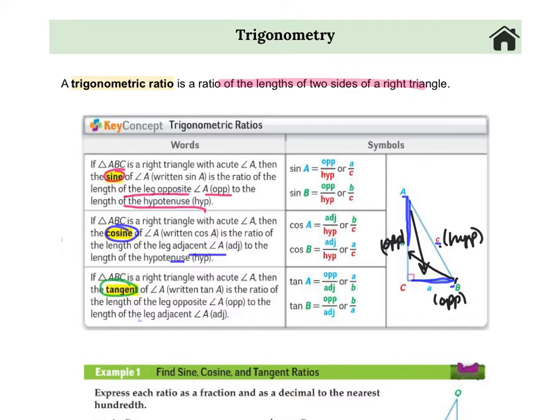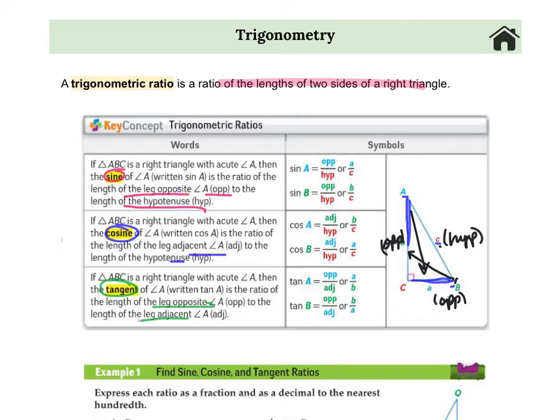Tangent is the ratio of your opposite leg over your adjacent leg. So tan of angle A equals opposite, A, over adjacent, B. If we look at the tangent of B, we have opposite, which is side B, over adjacent, side A, so B over A.